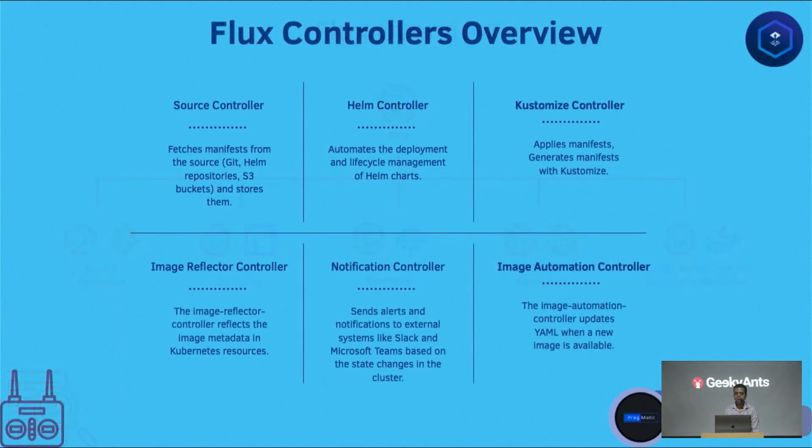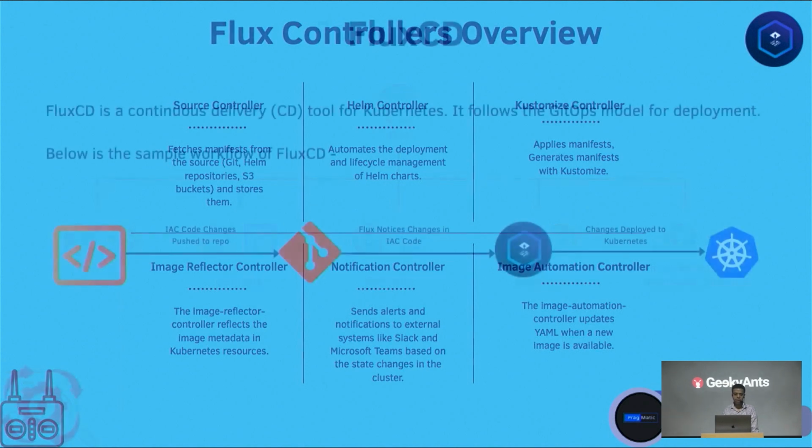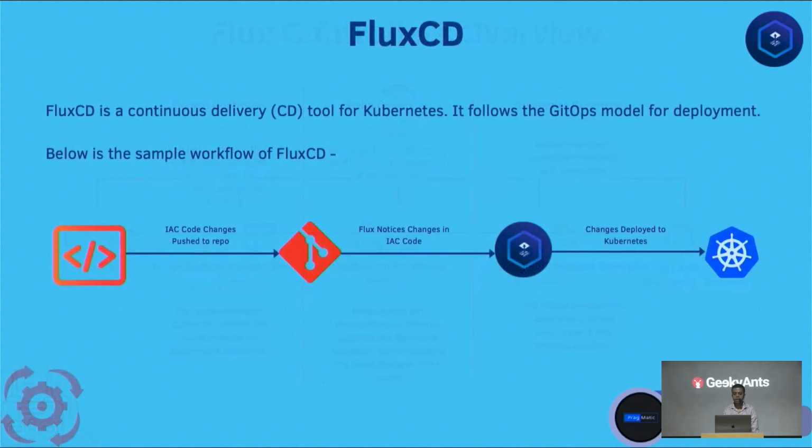So this is the overview of all the controllers I was just describing. And this is a typical workflow of Flux: whenever we push a code change into the repo, Flux will notice that change and apply it to Kubernetes.